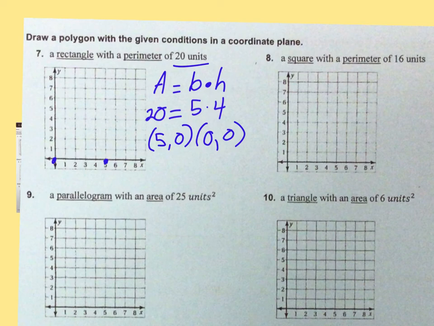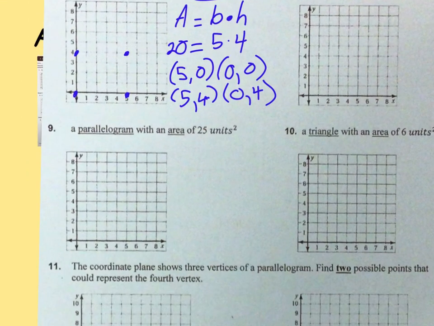How would we do that? Over 5, up 4, right? That would put us right there. And then the last one, over 0, up 4. And that right there would give us an area of 20. So see if you can do that one on number 8.